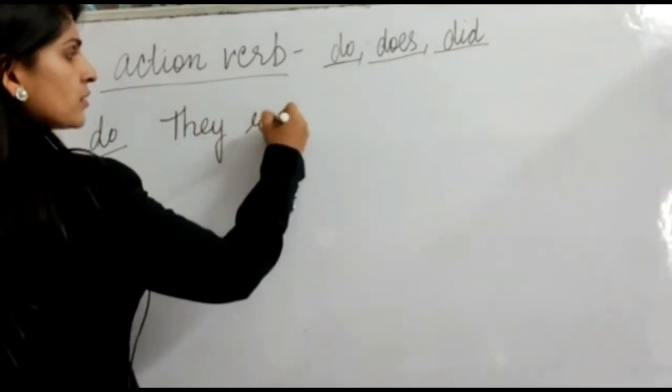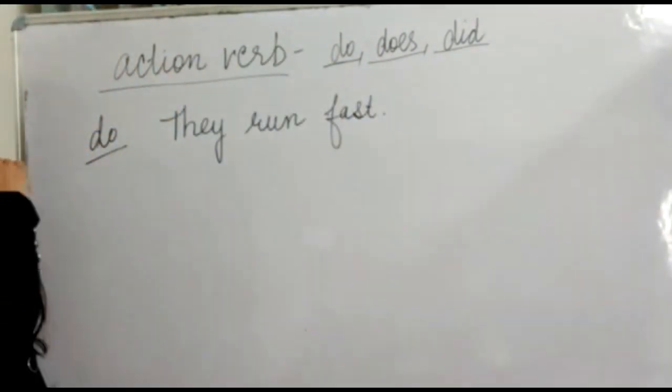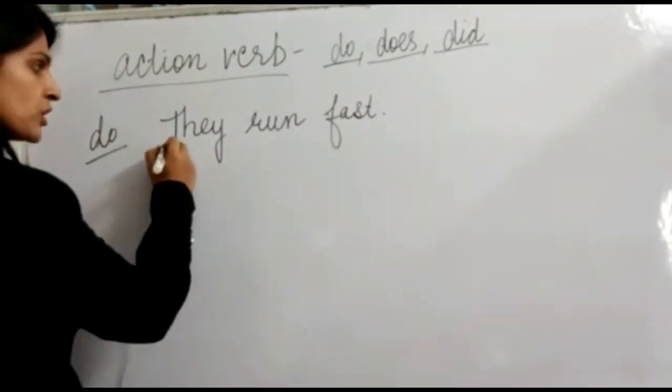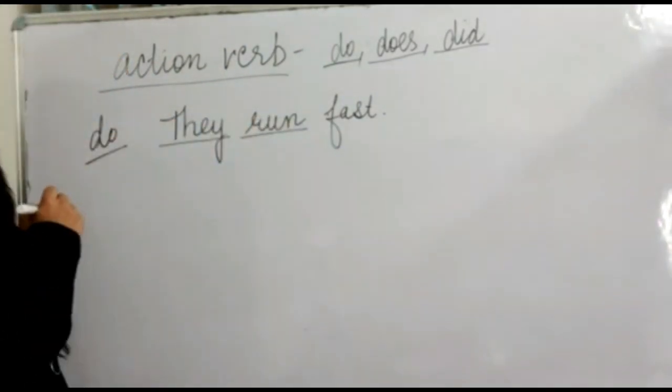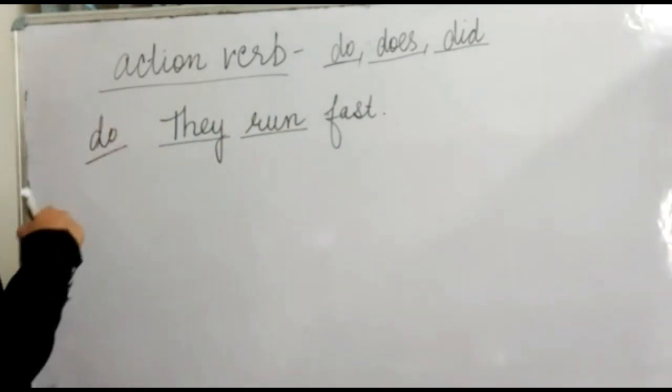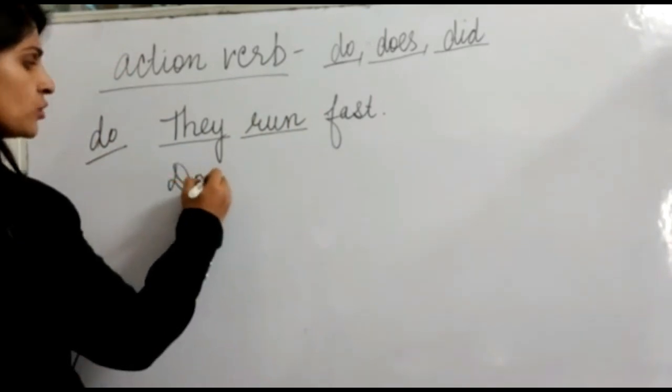We have a sentence here. They run fast. The subject here is plural, the verb here is in present. Now we will change this sentence into an interrogative sentence. It should start with do.